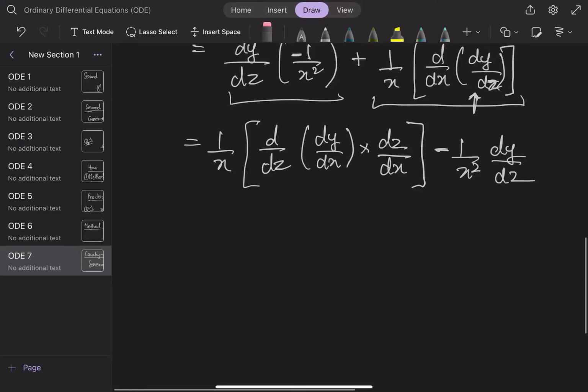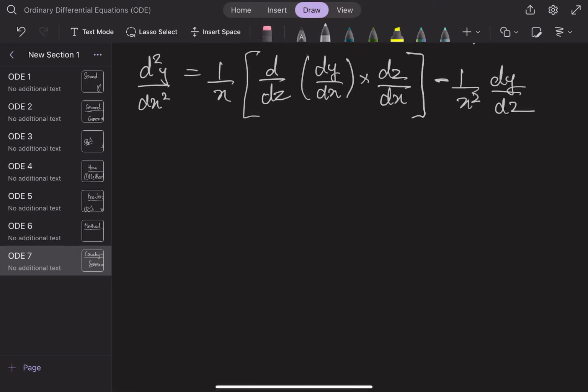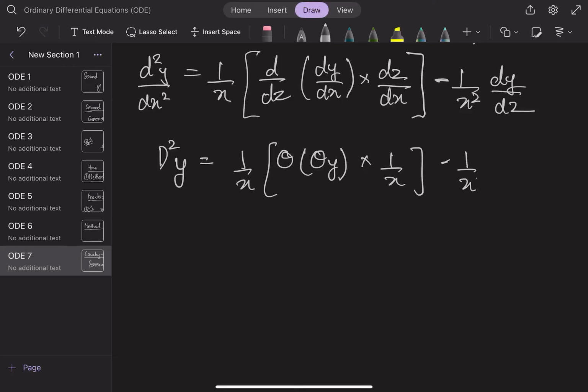This was d2y by dx2. So this was D square y is equal to 1 by x theta times theta y multiplied by 1 by x, minus 1 by x square theta y. Remember guys, d by dz is theta.